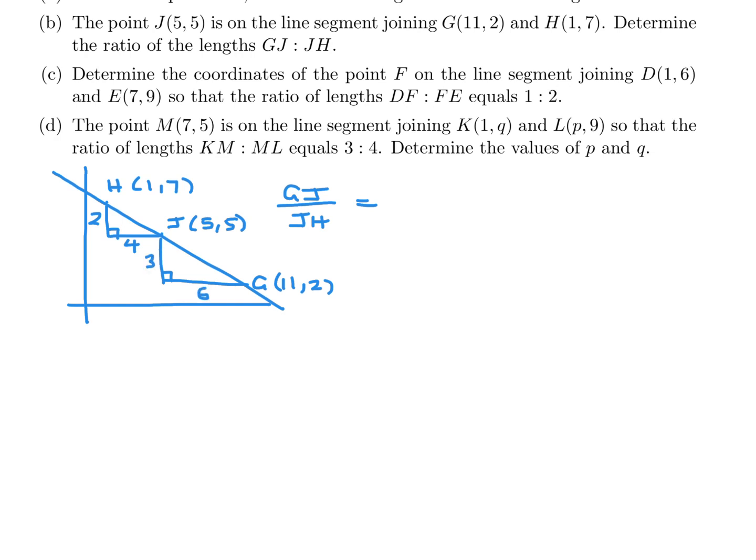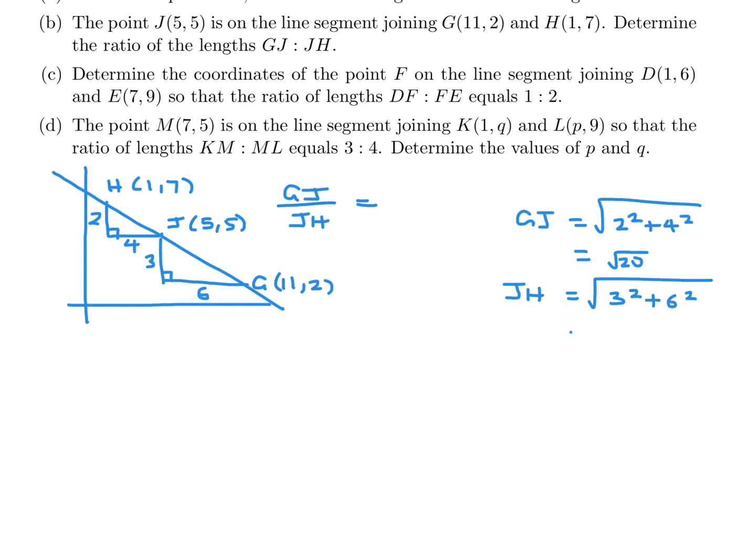Okay, so GJ is the square root of 2 squared plus 4 squared, using Pythagoras. So that's root 20. And then JH is the square root of 3 squared plus 6 squared.